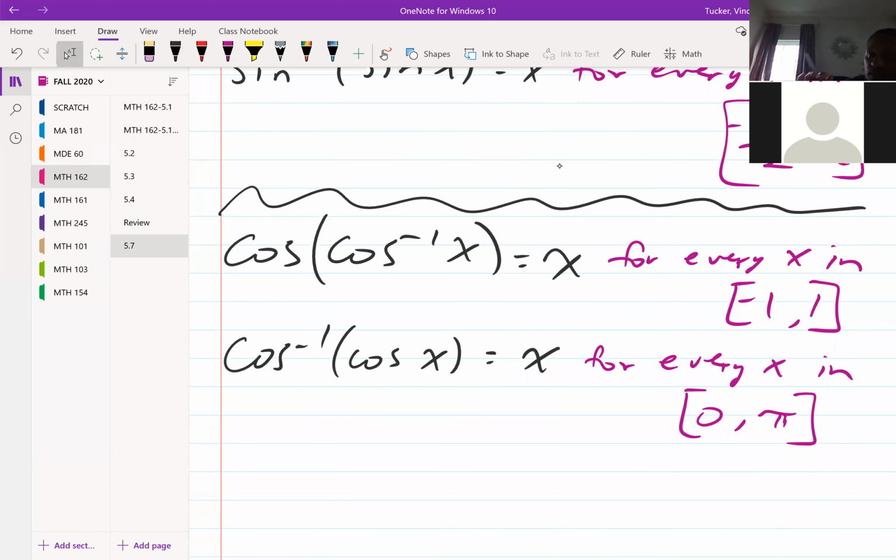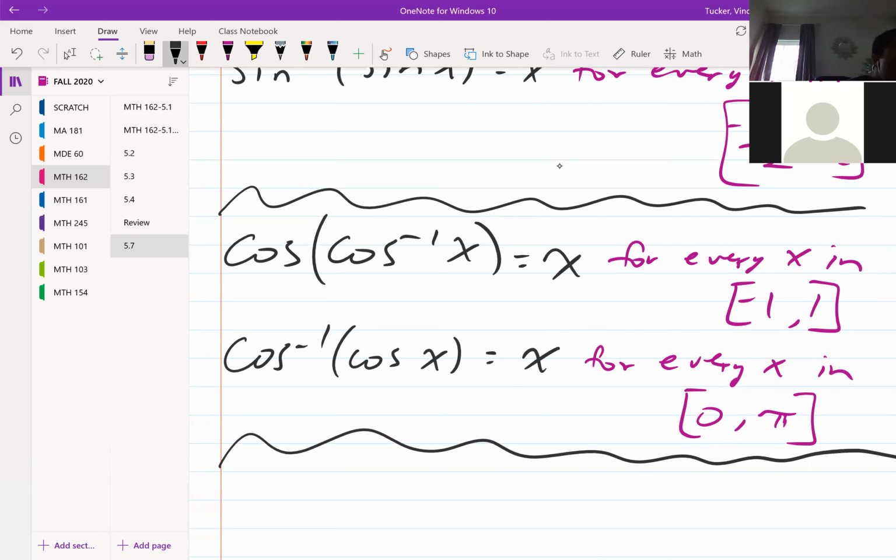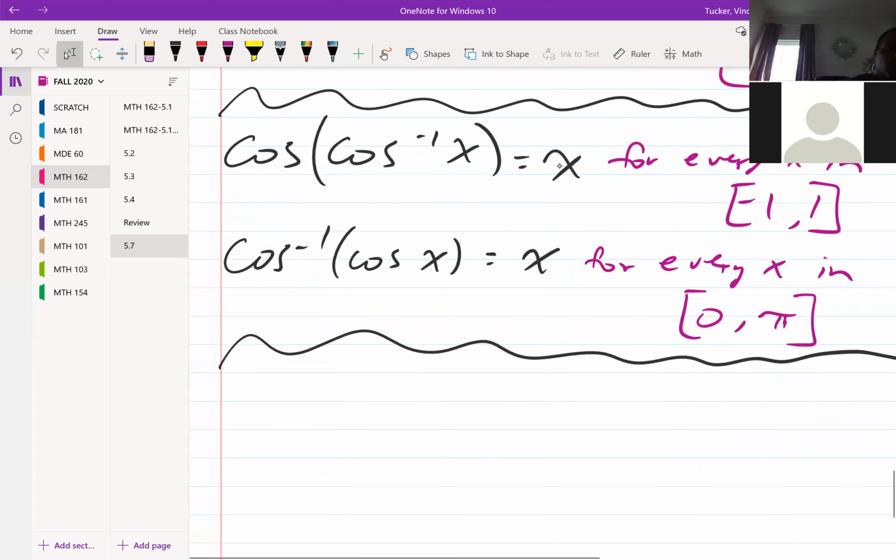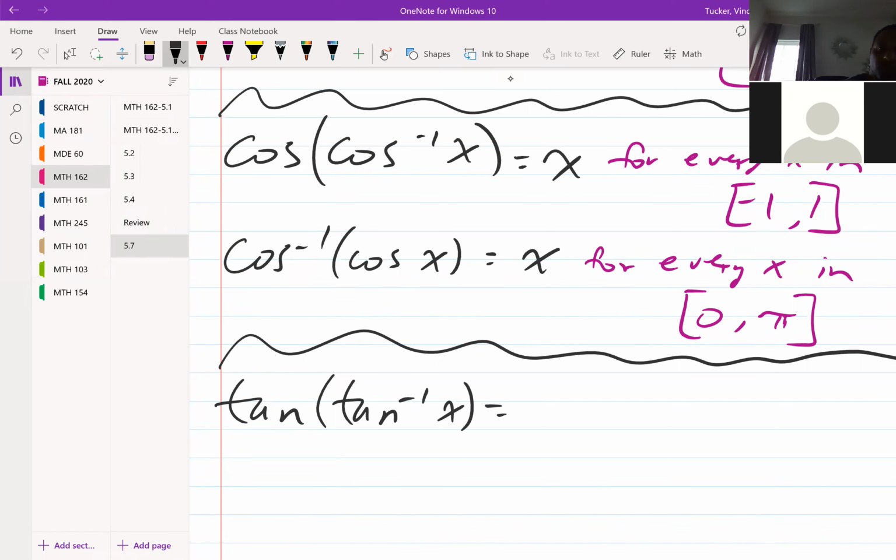Same thing happens when you flip them, as long as x is between 0 and pi inclusive. Oh yeah, that's for every real number.